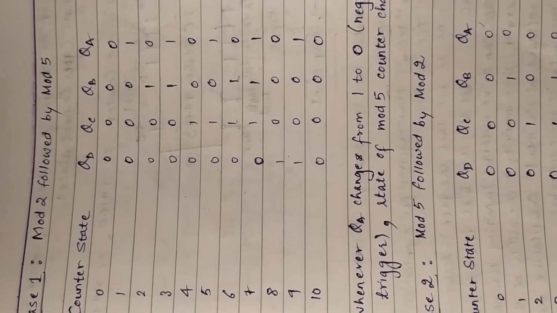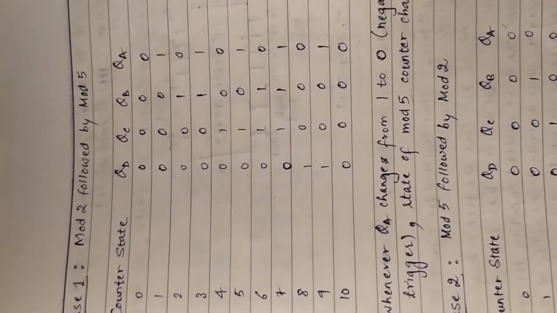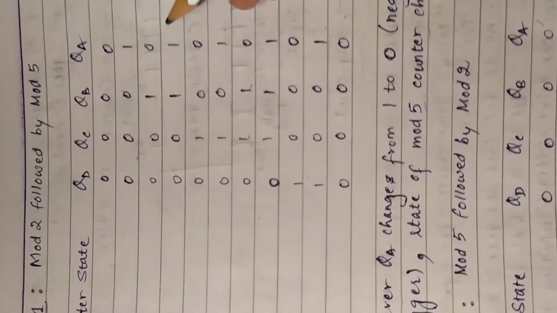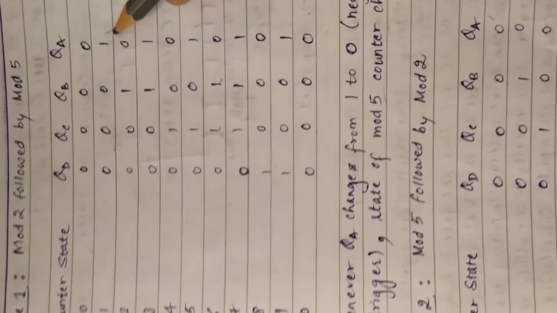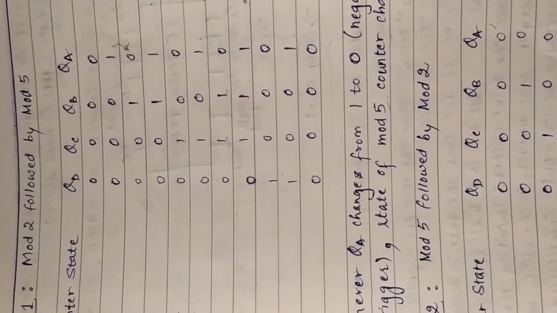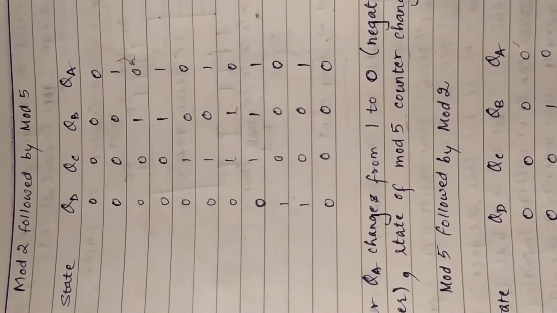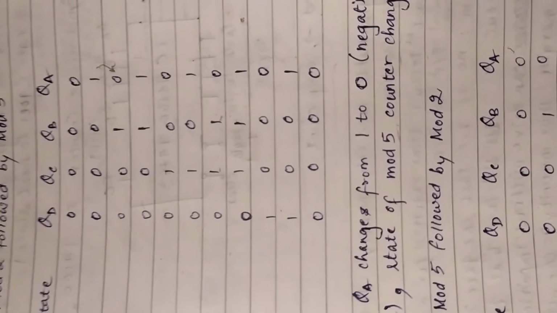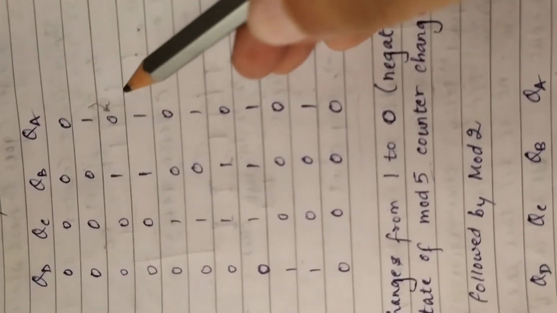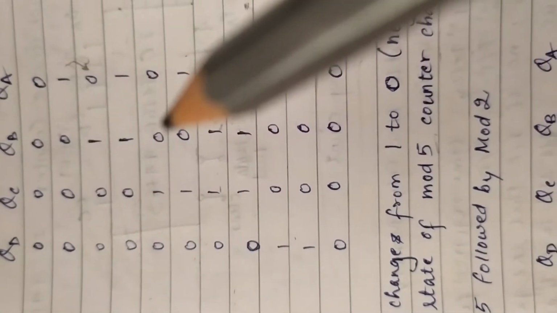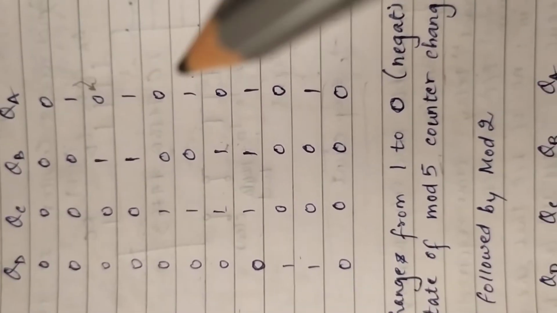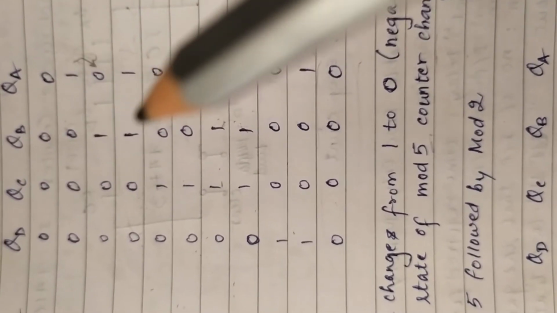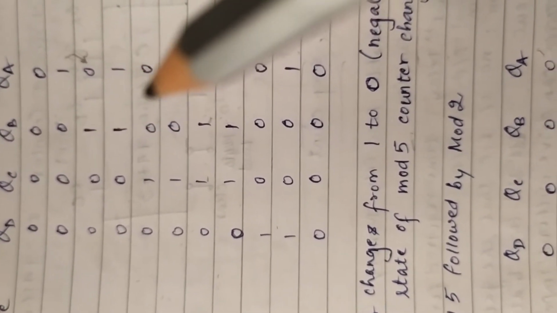Observe here that whenever QA changes from 1 to 0, only then does the state of the mod 5 counter change. From 000 it changes to 001, that is, to its next state. Then when QA goes from 0 to 1, the state of the mod 5 counter is the same. But again when it changes from 1 to 0, the mod 5 counter moves to the next state, that is from 1 to 2.